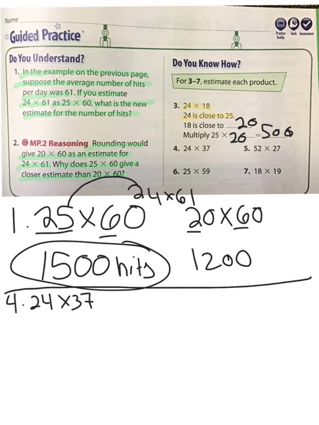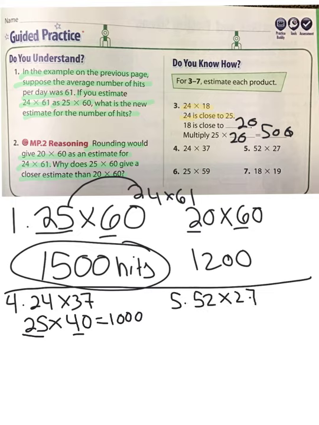Let's do number 4. I moved it down below. 24 using compatible numbers is closer to 25, times 37 rounds to 40. And I'm going to do 25 times 4, which equals 100, and then add a 0. Number 5. I have 52 times 27.